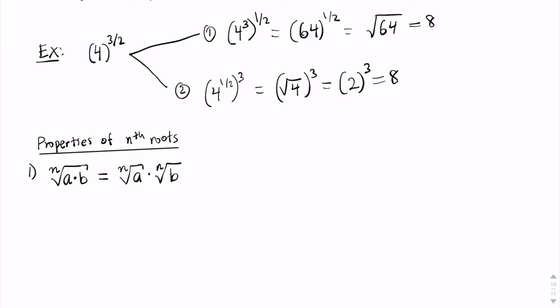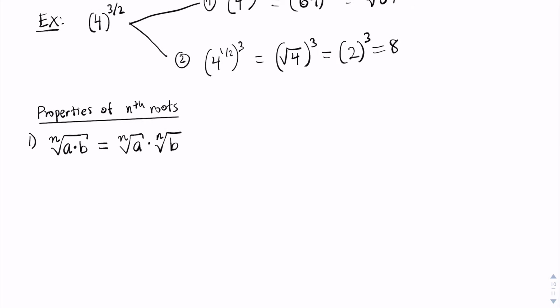So you have to make sure that you're using the easiest route, not the hardest one. It's fine that it gives you complex numbers, since complex numbers can give you a real number and so on. But that's one of the rules. Number two, say you're taking the nth root of a number a divided by b.